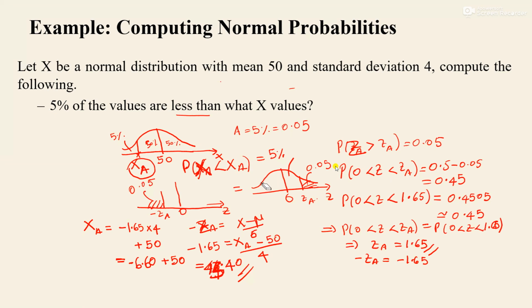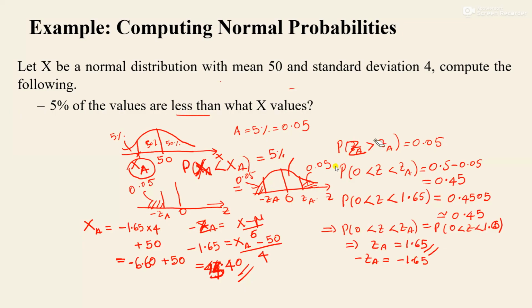So now we are converting this probability into the Z form. This is minus Z, 0.05. By symmetry, we are taking the positive values. So always keep your Z values positive.